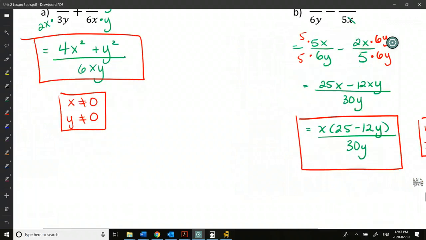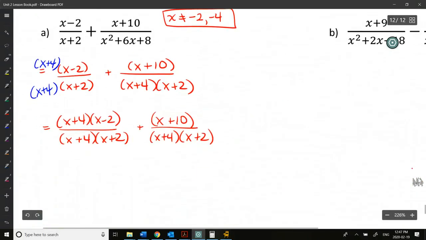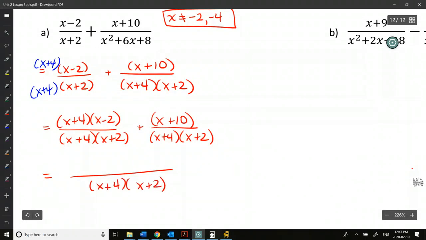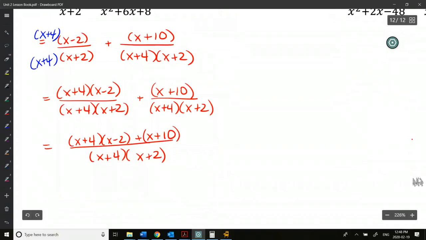So the denominator is just x plus 4 times x plus 2, and the numerators will be x plus 4, x minus 2 plus x plus 10. You don't really need brackets around this because I'm just adding, like there's technically a 1 out here. So we could really just drop the brackets on that since it's just two single terms there.